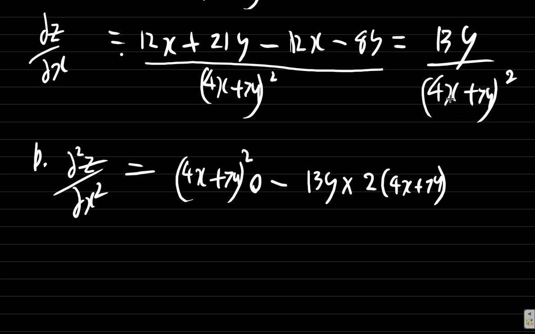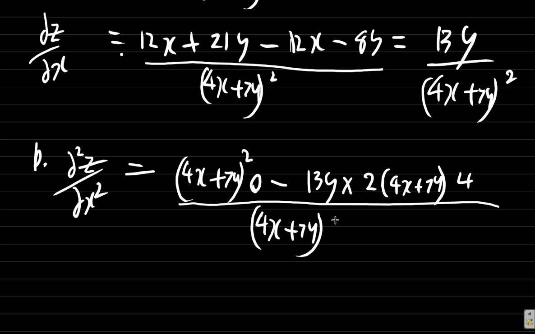When you differentiate 4x plus 7y with respect to x, we get 4, over the bottom squared. So it's (4x plus 7y) to the power of 4, as we squared (4x plus 7y) squared.